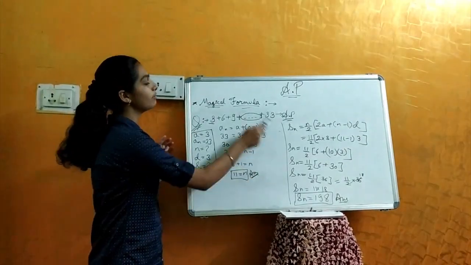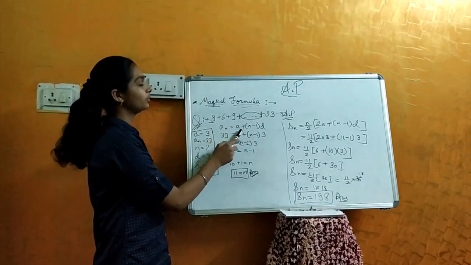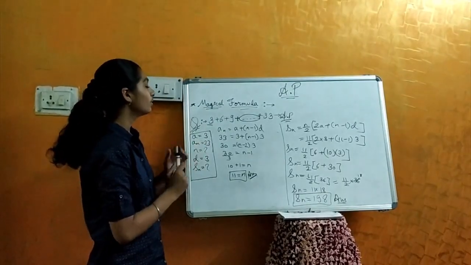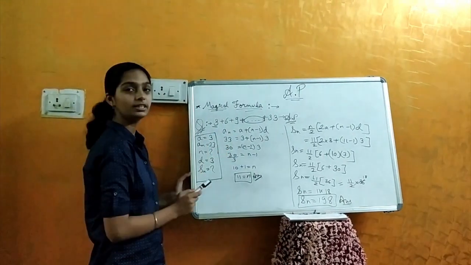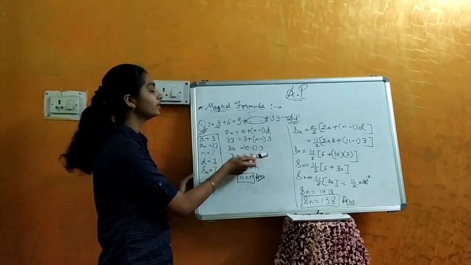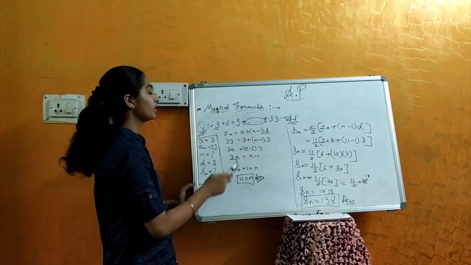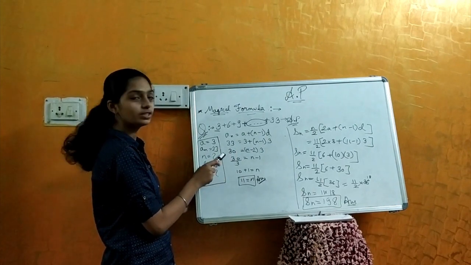So d is 3. Now the question asks about Sn. First we will solve for n. So how will we solve? an is equal to a plus n minus 1 into d. Now what is an? 33 is equal to, what is a? 3. What is n? We don't know, we have to find it out. What is d? 3. Now this 3 will come over and get subtracted from 33.